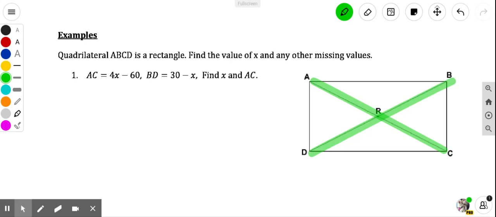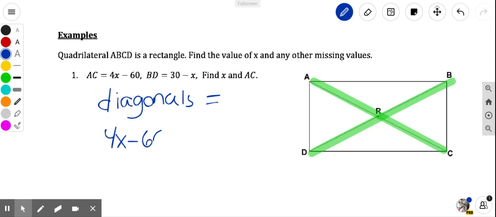These are the diagonals of the rectangle, which we just learned are congruent. Because the diagonals are congruent, we're going to set them equal to each other. So we have 4x minus 60 equals 30 minus x, because the diagonals are equal.